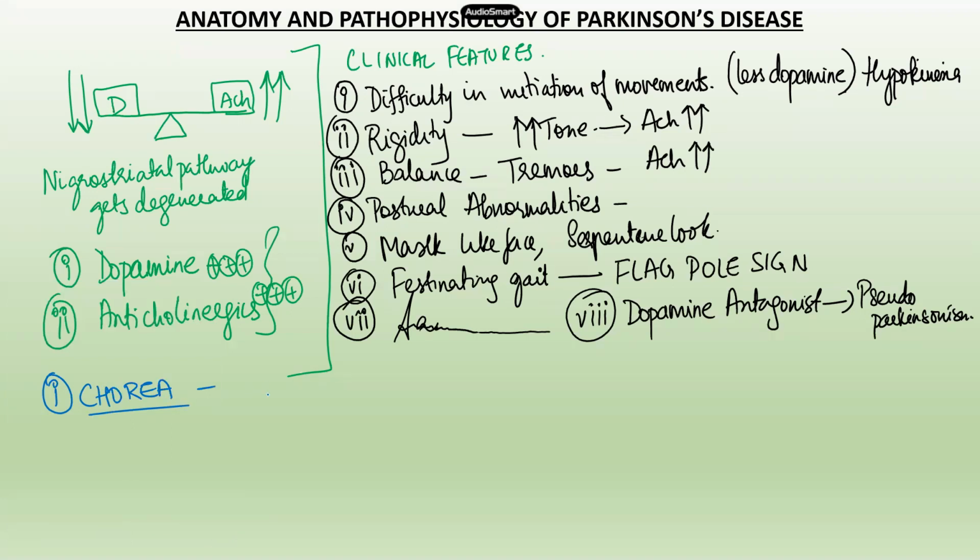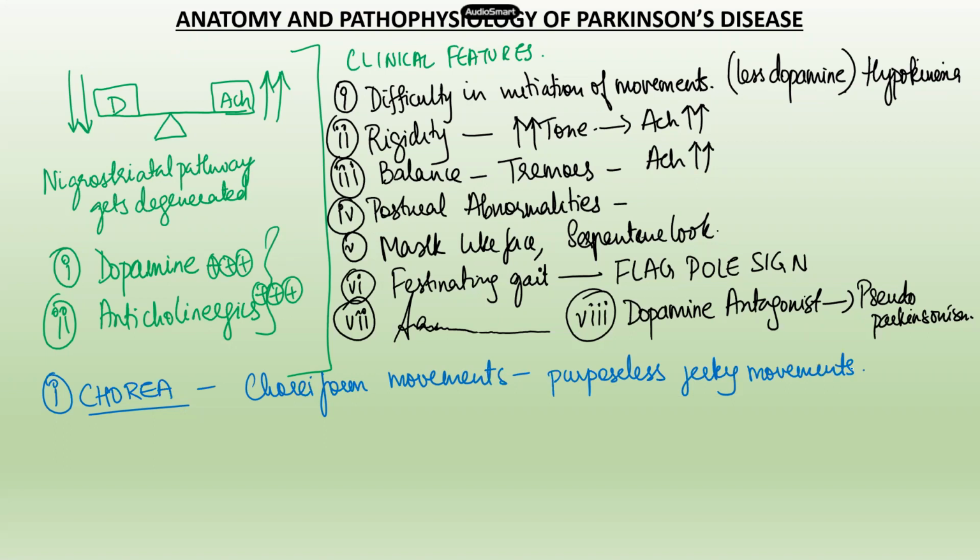Now, this chorea is actually the choreiform movements exhibited by the patients. What happens over here is that there will be purposeless jerky movements occurring. Right. Now, the pathology will be actually in your caudate and putamen, or you can simply put it as corpus striatum.